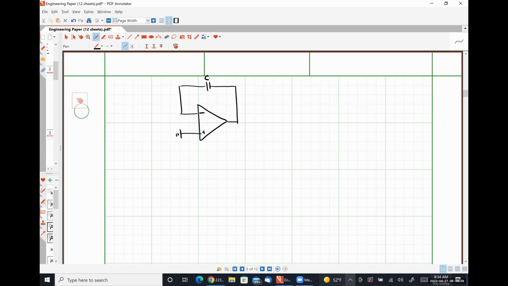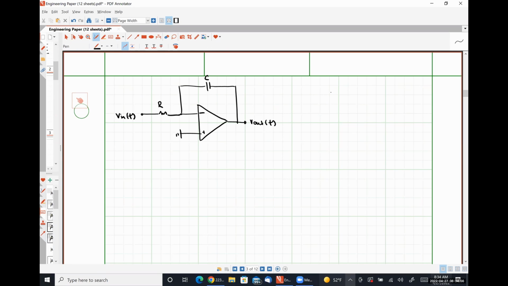So here's C. Here is R. Here's Vn of t. Here's V out of t.